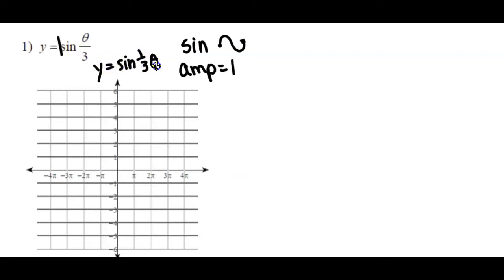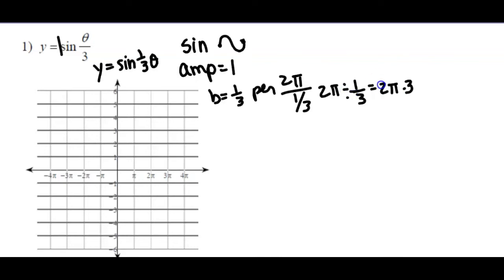So dividing by 3 is 1/3, so b is 1/3. So the period is 2 pi divided by 1/3, which would be 2 pi times 3 over 1, or 6 pi.